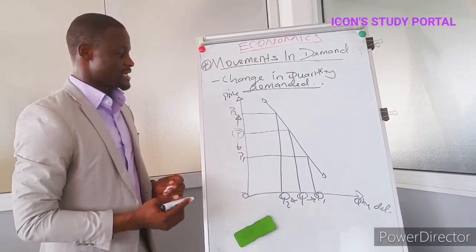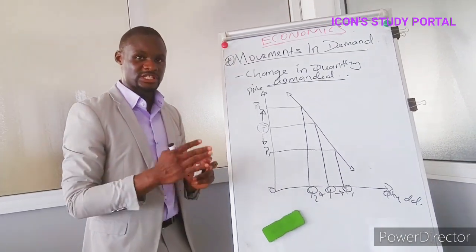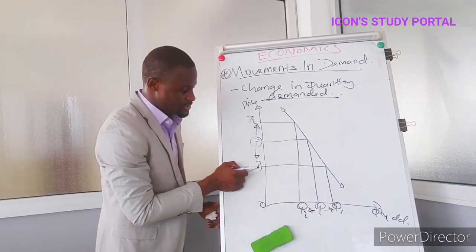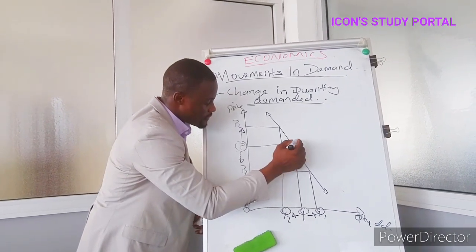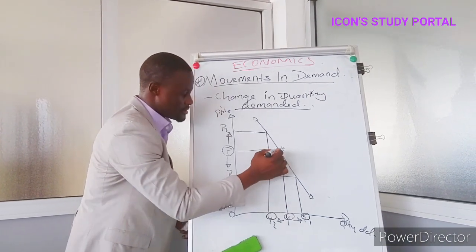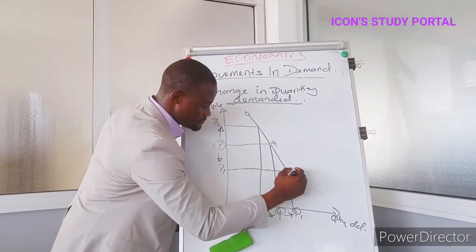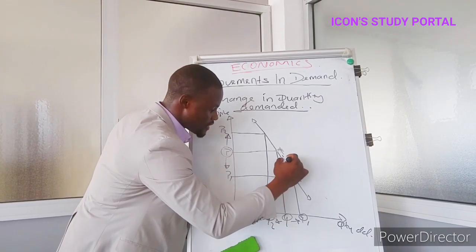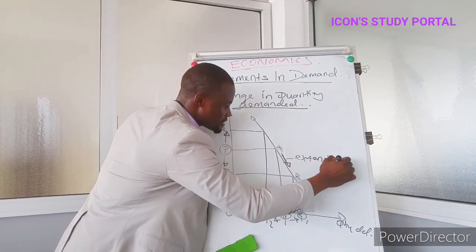Good. Now we say that an extension in demand is a situation where there is a fall in price which leads to an increase in quantity demanded. So from this point, let's name it point A, to point B, we are going to call that the downward movement of the demand curve, and we term it an extension in demand.